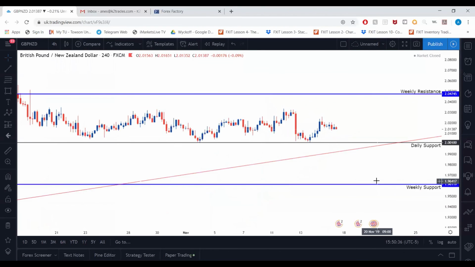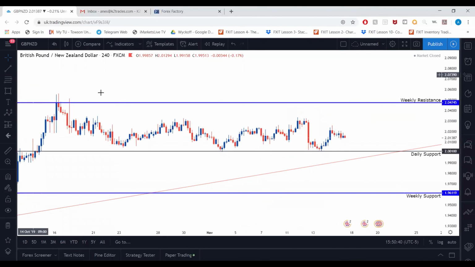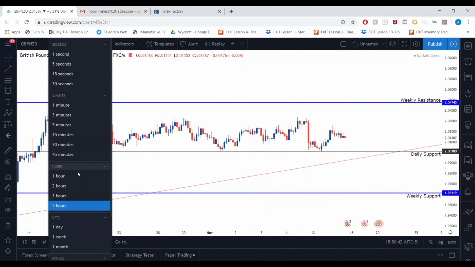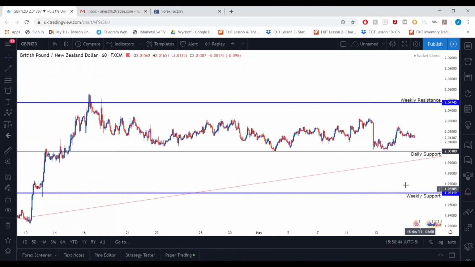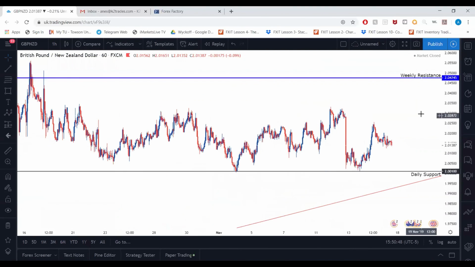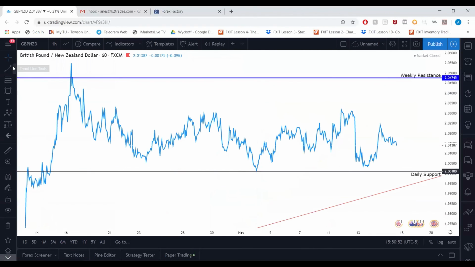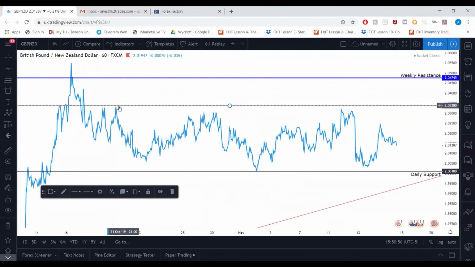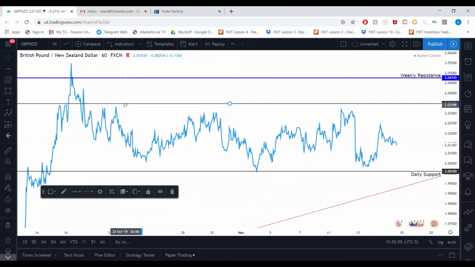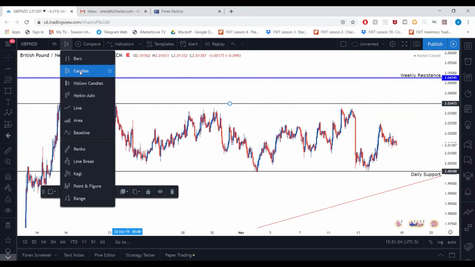Let's see the 4 hour. It's ranging. Let's see on 1 hour if we can find something that we can trade off this level here.